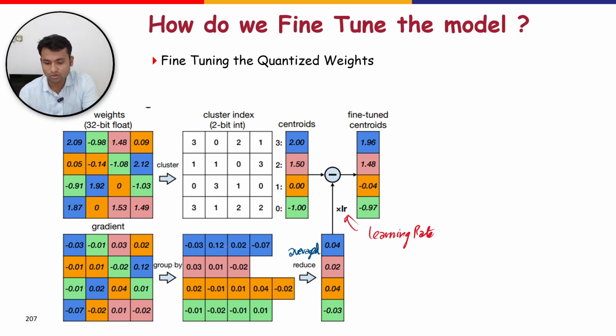But we color code them, and whatever gradients belong to one single color, we group them together and do an average operation to reduce them into a single number. Then we multiply this, say 0.04, with the learning rate and do the gradient operation here. So from the centroid we deduct this 0.04 and obtain the new fine-tuned centroids, which will give you a better machine learning model.